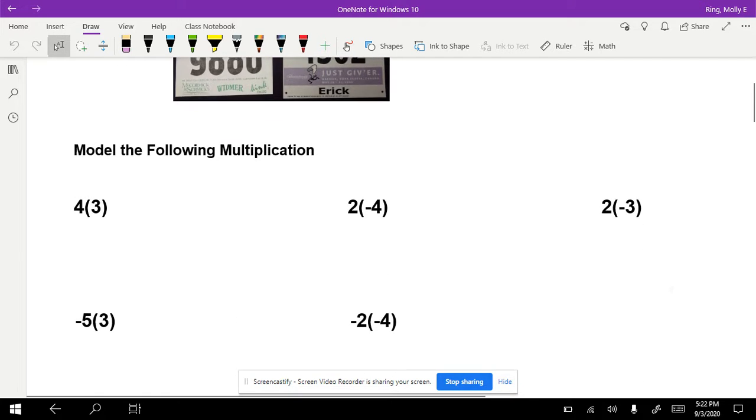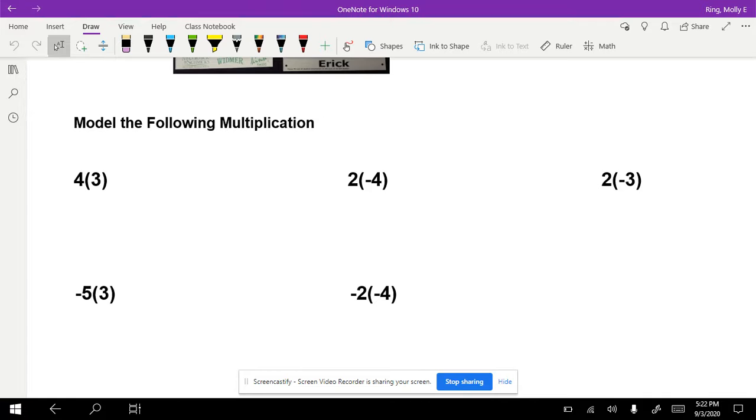Okay, so we're going to try modeling multiplication problems. Now, one thing that's very important to know is that this symbol is the multiplication symbol. It's the same thing that you used to write the X for, and then you eventually did the multiplication dot.